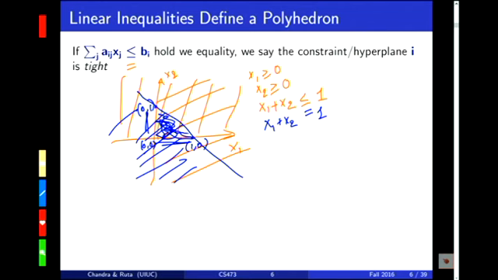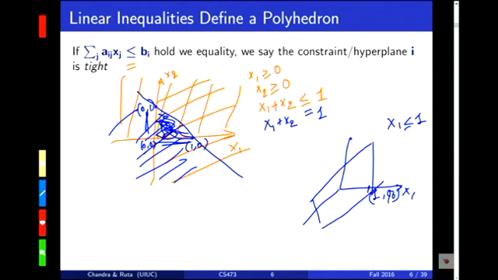And in higher dimensions, it will be just more complicated. If you try to imagine in 3 dimensions, let's say this is x1, then x1 less than or equals 1 would form some hyperplane which intersects x1 at the point 1, 0, 0. There will be some kind of hyperplane passing through this point, and all the points on this side of the hyperplane are the feasible points.